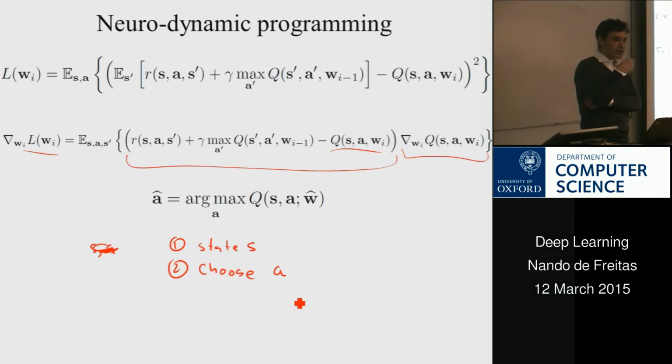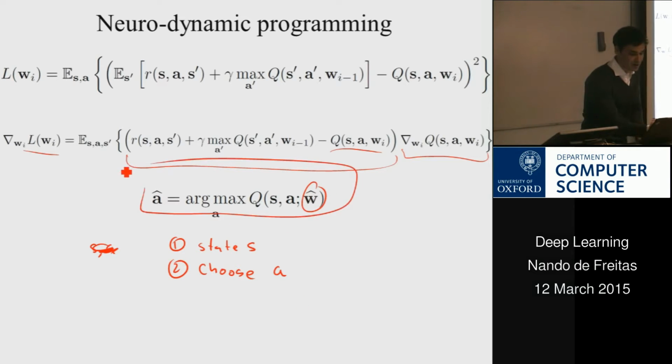You choose an action. You can choose an action using a mechanism that's different than the mechanism you're going to use to choose the best action when you're done. So once you've learned the parameters, once you have an estimate of the parameters, you're going to choose actions this way. But while you're learning, you can choose actions in different ways, because essentially you're exploring the environment.